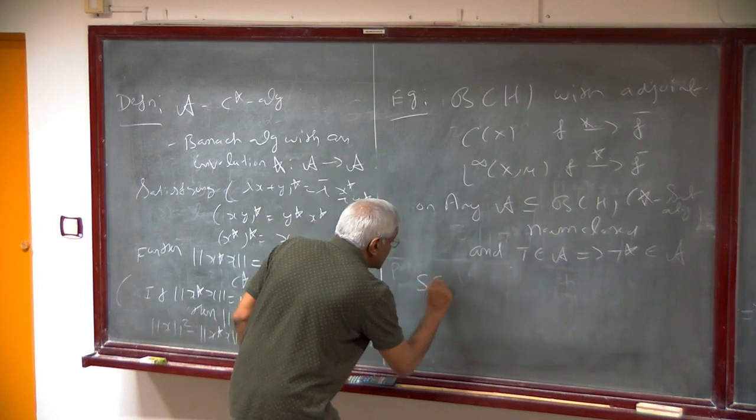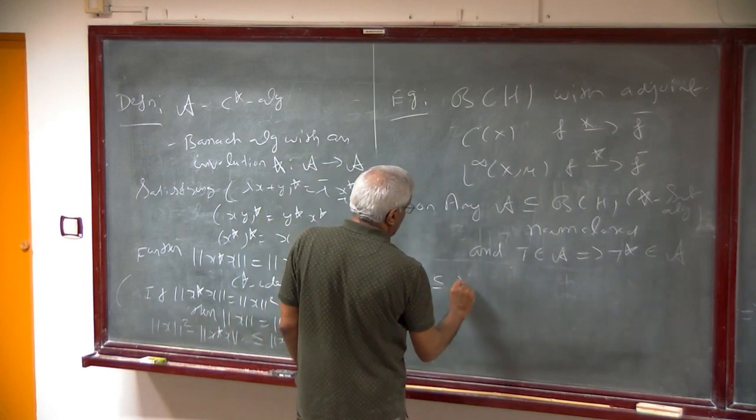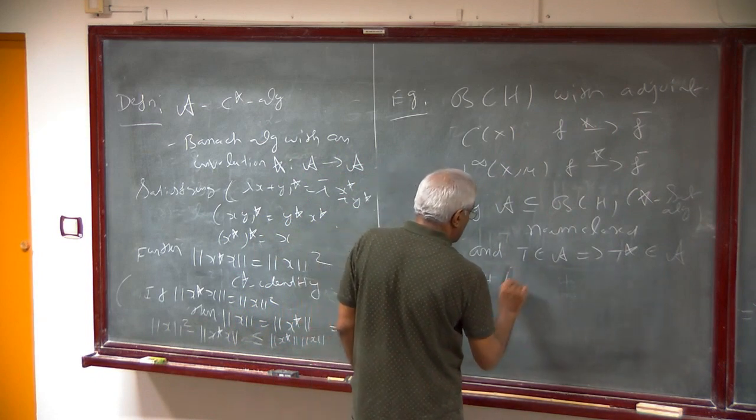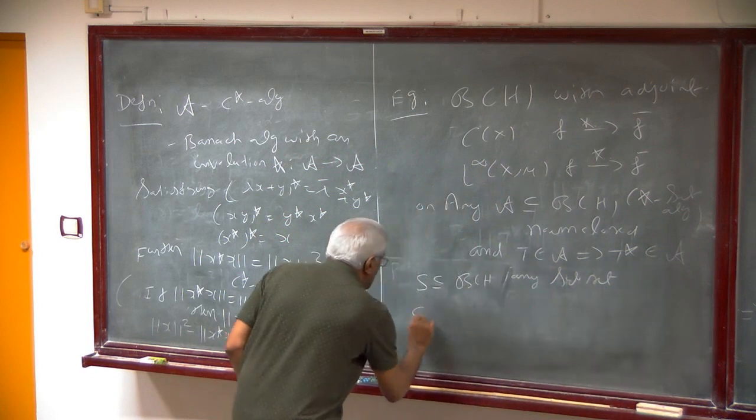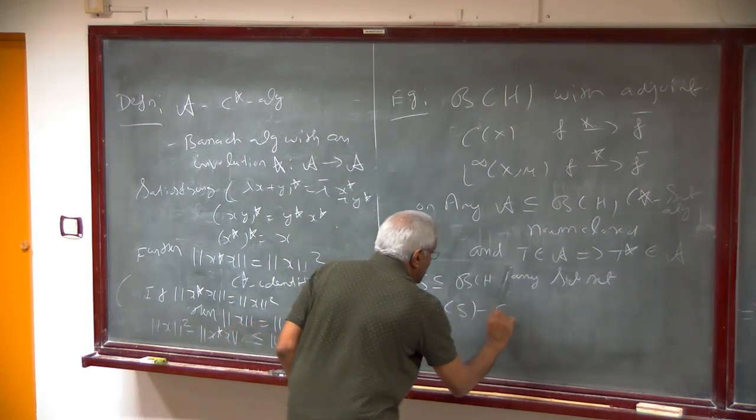So if S is any subset of B of H, then we can talk about C star S, the C star algebra generated by this.